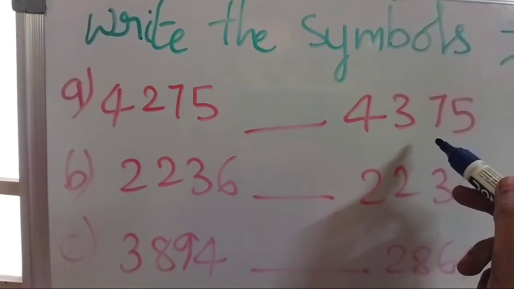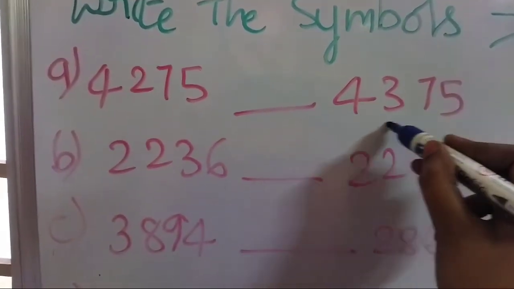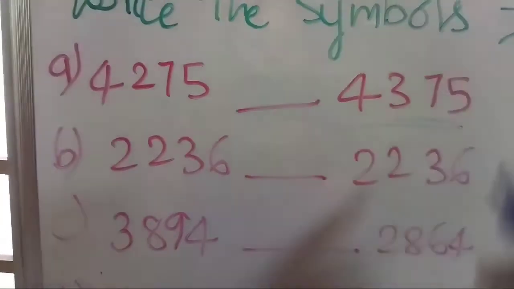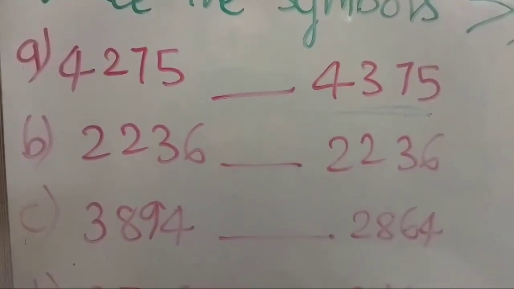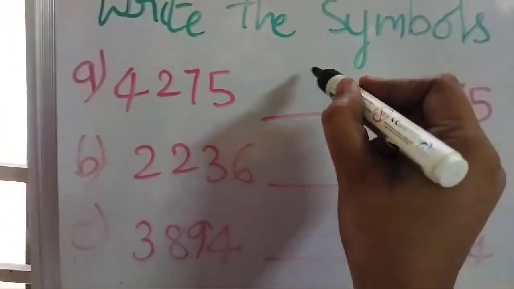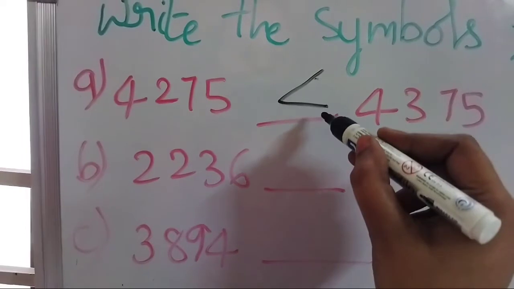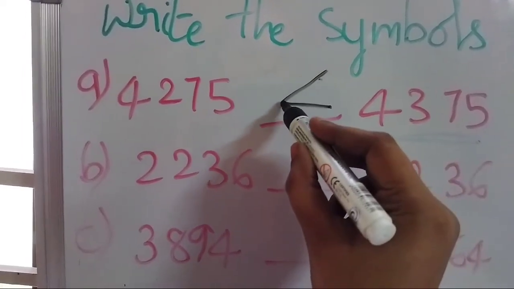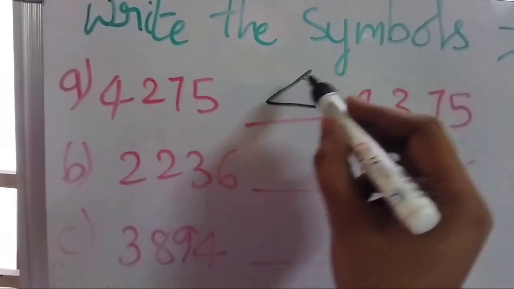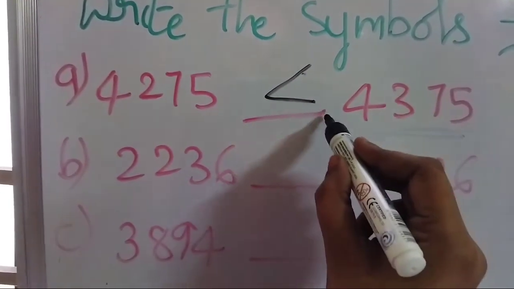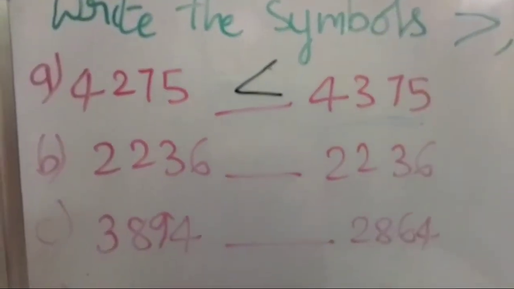So what is the biggest number? The second one is the biggest number. So we write less than. This is the less than symbol. This corner is the smallest, indicating the smaller number. These two strokes indicate the bigger number.